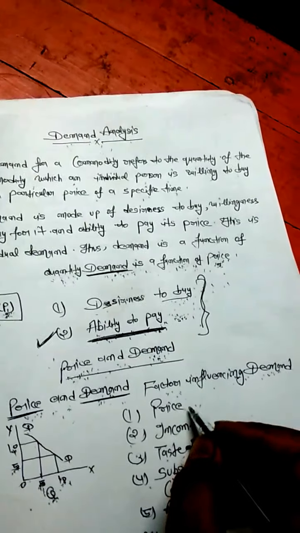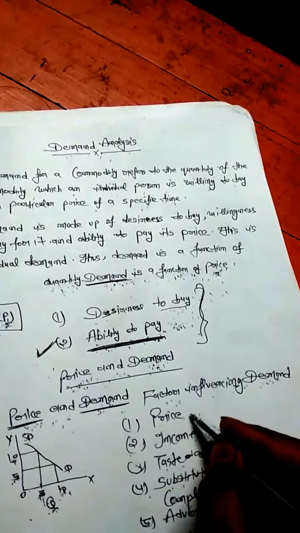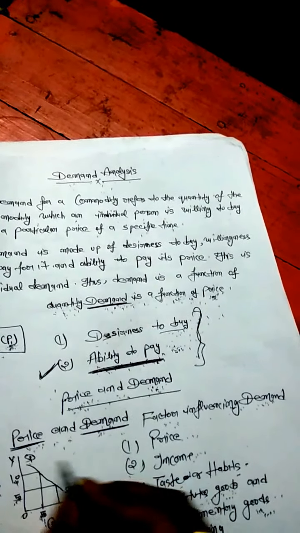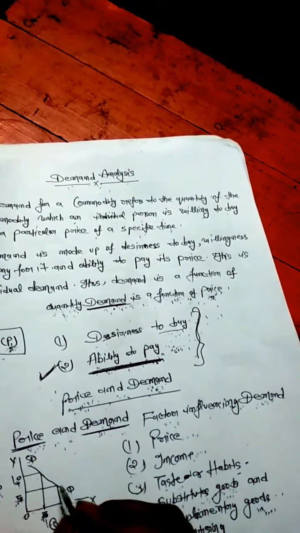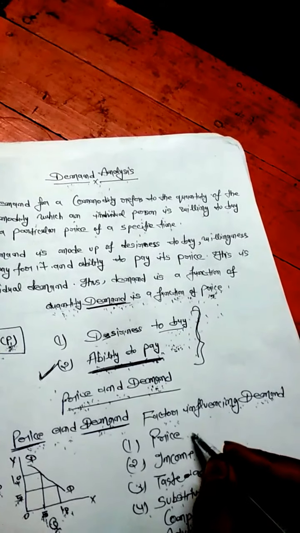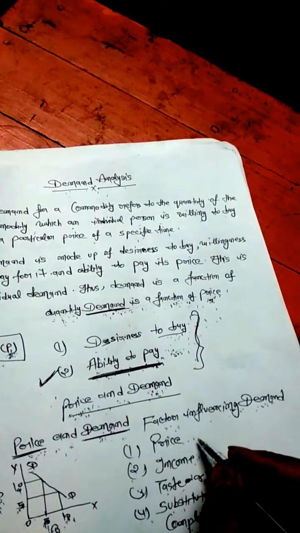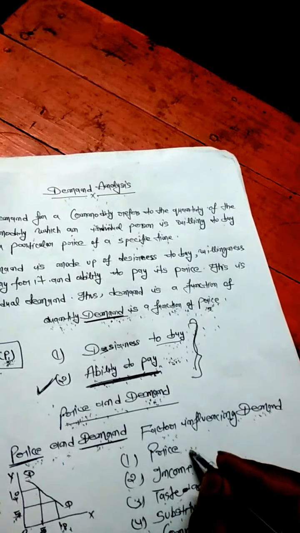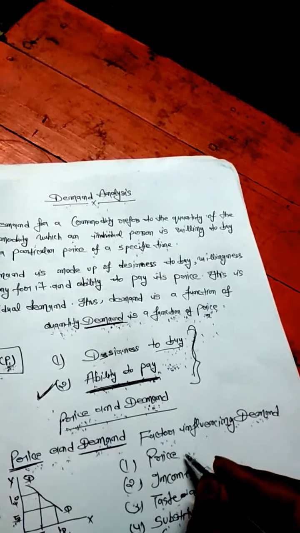If the price of any commodity is rising, the quantity demanded is falling, and vice versa, which affects the law of demand.